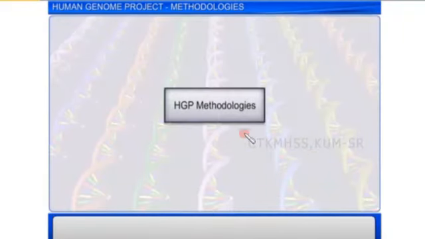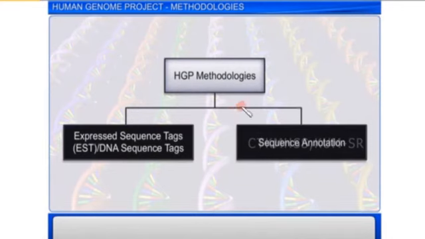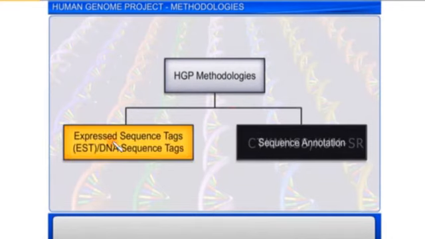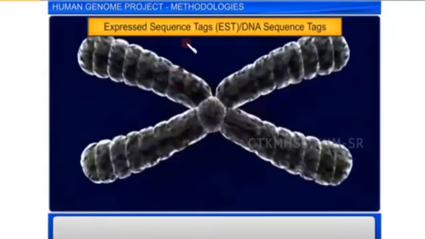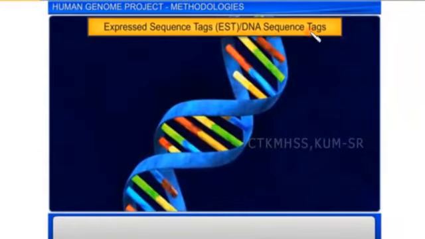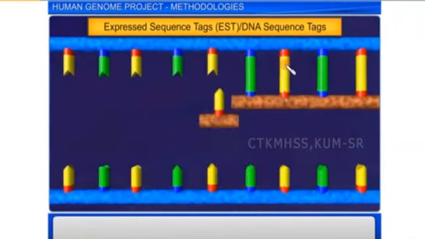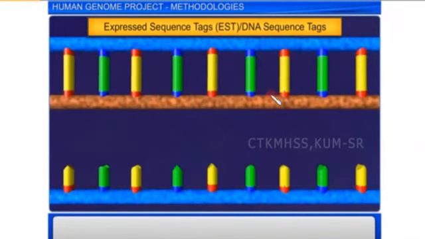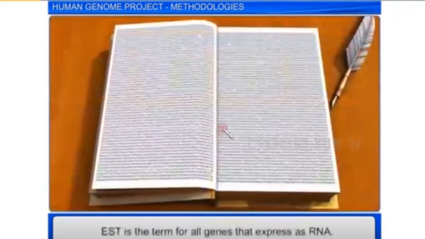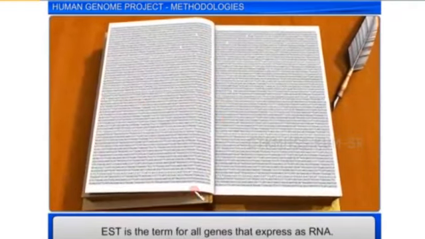HGP methodology made possible two major methodologies in biological research: expressed sequence tags or ESTs, and sequence annotation. In EST, the focus was on identifying and isolating all genes that are expressed as RNA. Actually, EST is the term for all genes that express RNA.